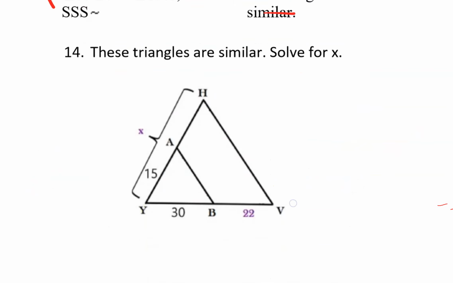Okay, now it says they are similar. Solve for x. So we have proportional parts. X is the big piece here. All right, so small triangle, big triangle.